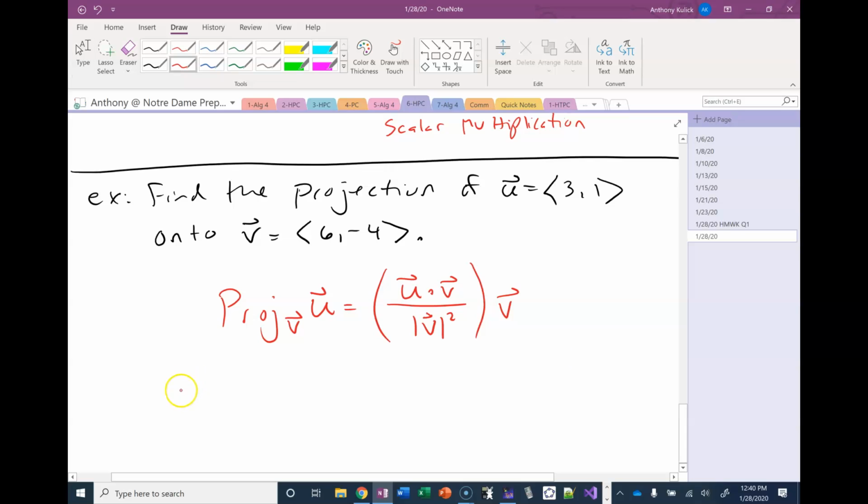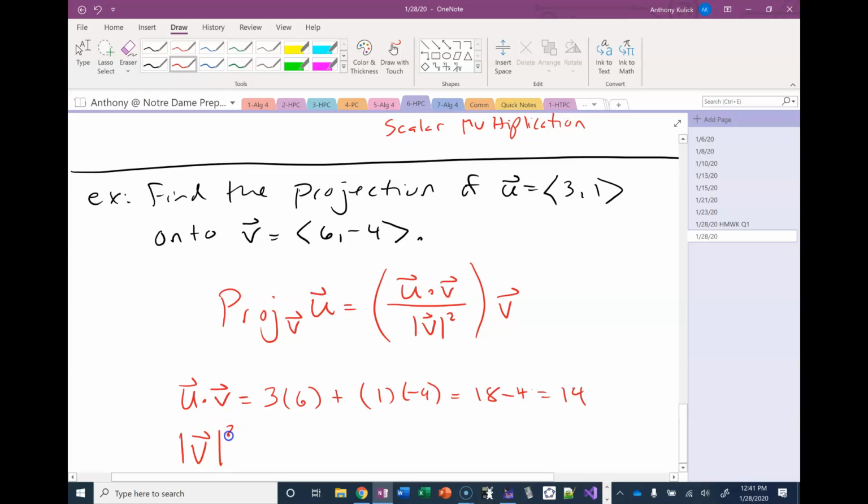So to do this formula, I'm going to need to take the dot product of u and v. How do I take a dot product again? Yeah, it's the product of the x's plus the product of the y's. Everybody good there?